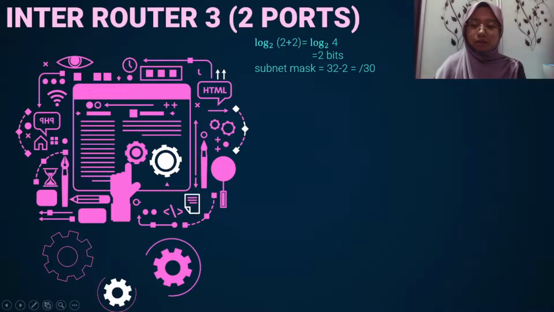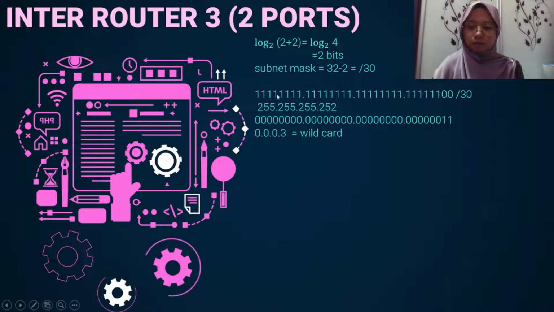And then this is our formula. We use log 2 of (2 parts plus 2) equals log 2 of 4. And then we get 2 bits for the subnet mask, which is 32 minus 2 equals 30.